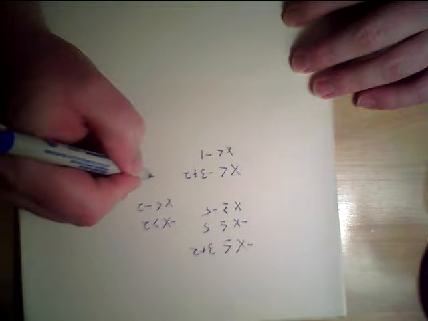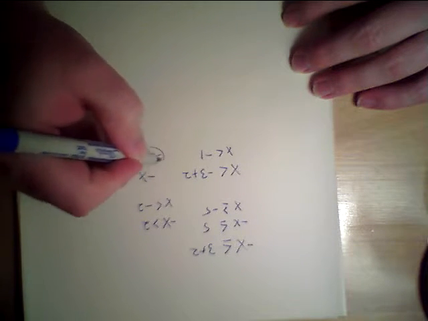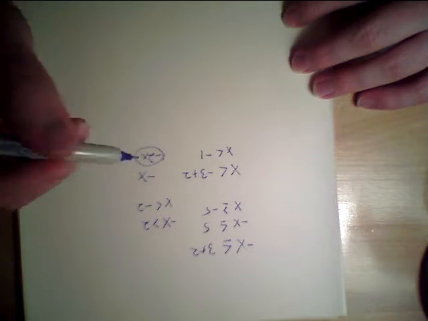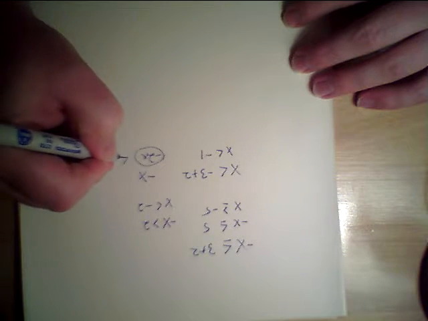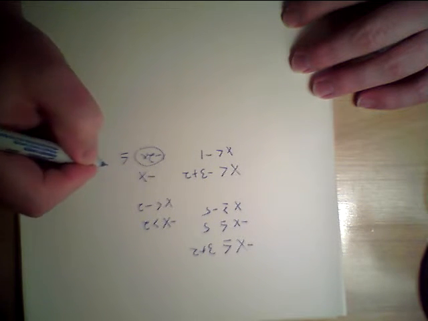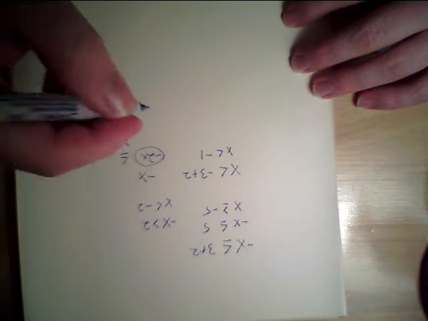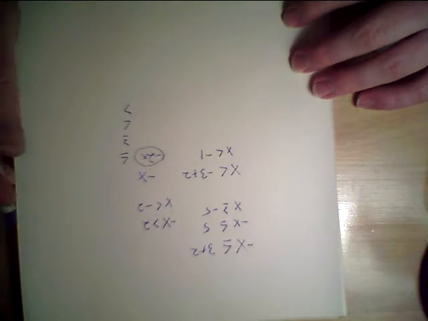But anytime we have negative x or -2x or any sort of negative of x, and we end up multiplying or dividing the equation by a negative number, we need to remember to flip the sign. So less than or equal to changes to greater than or equal to. And if it's less than, it changes to greater than, and vice versa.